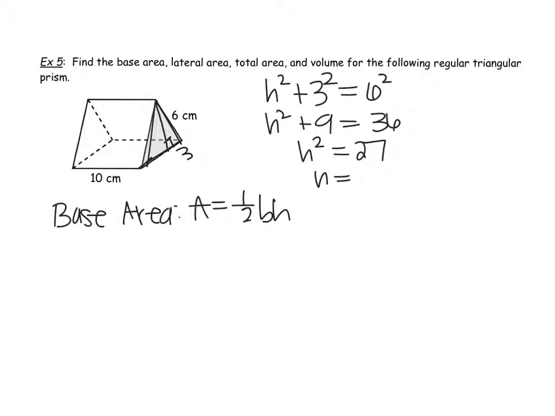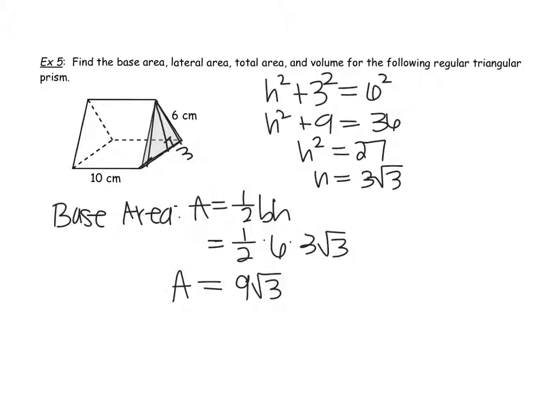So our height, when we take the square root, is 3 square root 3. So we have 1/2 times our base 6 times our height 3 square root 3. So 1/2 times 6 times 3 is 9. So we get 9 square root 3 and then centimeters squared.